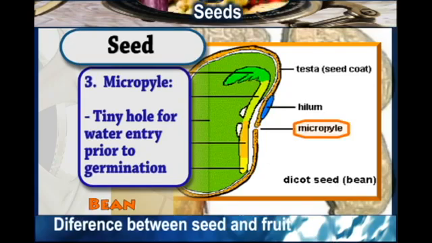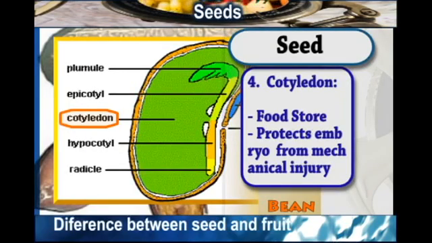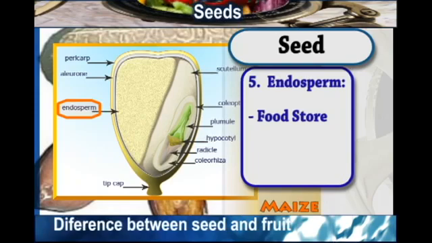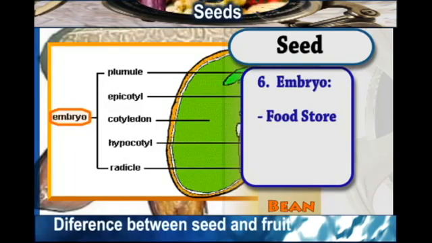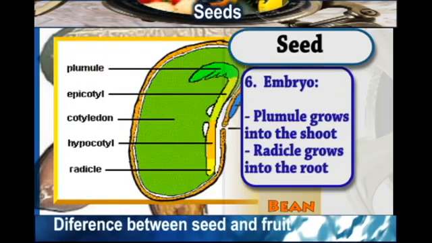We have looked at the cotyledon, which is a food store, and it also protects the embryo from mechanical injury. We have looked at the endosperm, which is also a food store, and we have looked at the embryo, which develops into the plumule, and then we also have the radicle that grows into the roots.